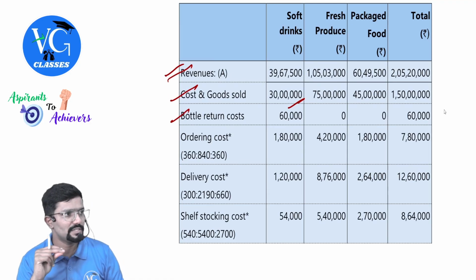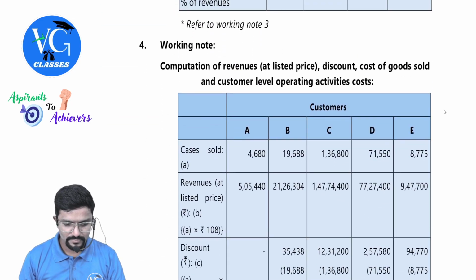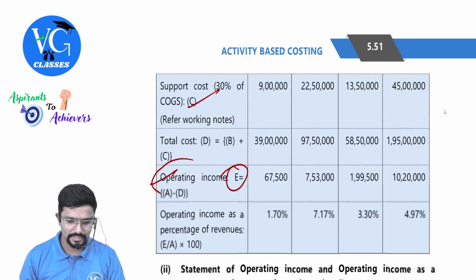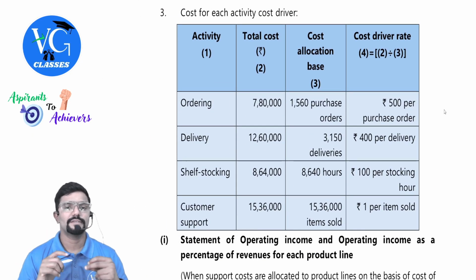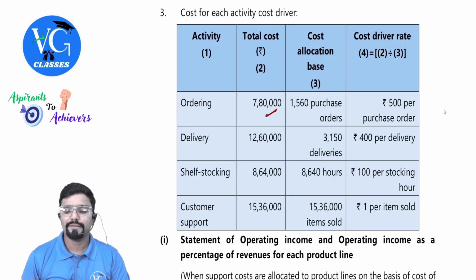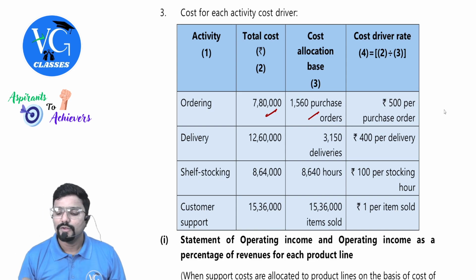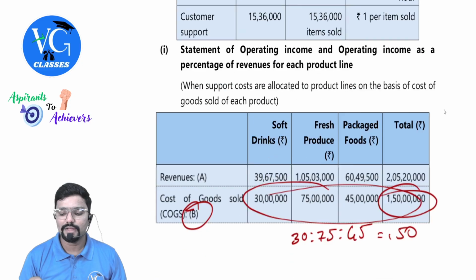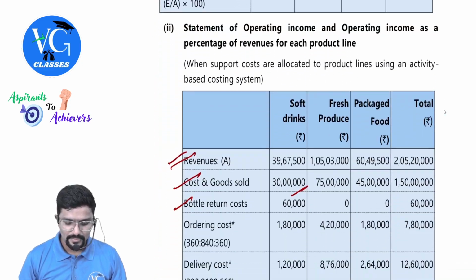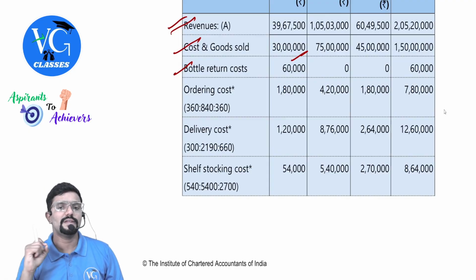Then ordering cost. They have done this in working note 3 itself. So here, activity rates. Ordering cost is 780 divided by total cost driver 1560. What is the amount? 500 per purchase order. How many purchase orders are there? 360, 840, 360.